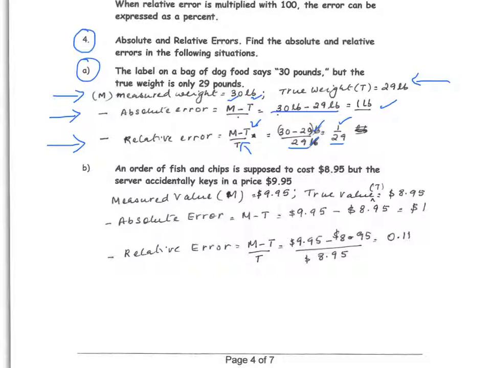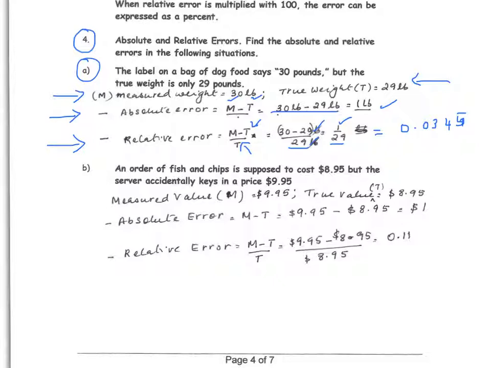And sometimes it is hard to see what the relative error is, and seeing it as a percent makes sense. So 1 divided by 29 is equal to 0.034. You can add another decimal place if you want to. Maybe I should round it to the fourth decimal place and make it a 5. So that is the relative error.